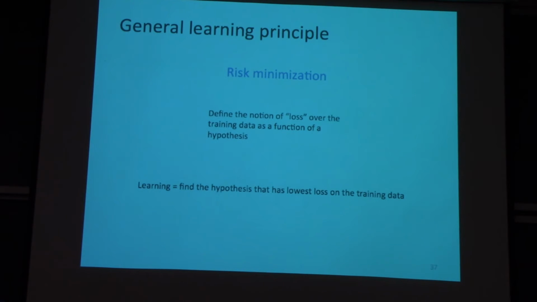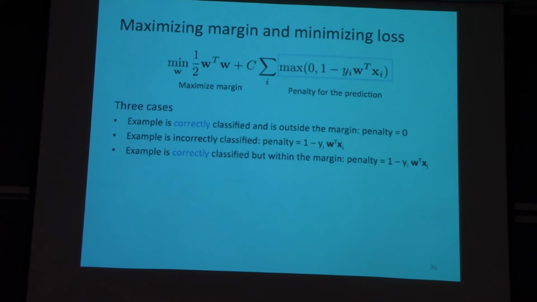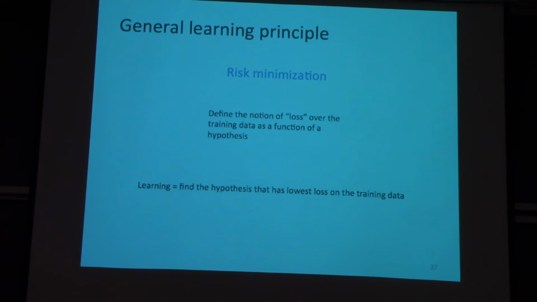So as I said, this SVM objective is an example of a general learning principle because we define a loss for the training set and then we just try to minimize the loss to find the minimum loss value. So learning is just find the hypothesis which has the lowest loss on the training data set.